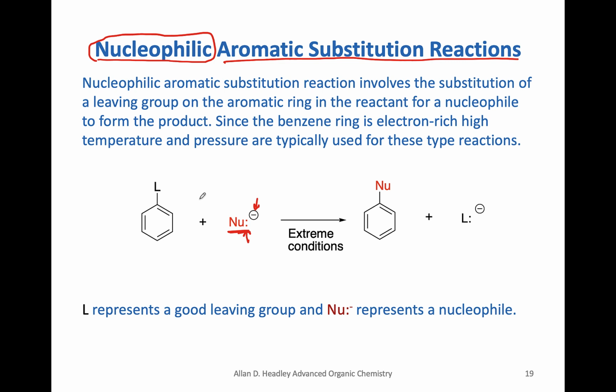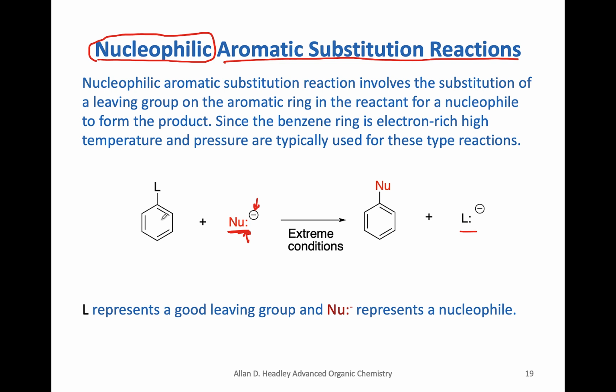The overall reaction looks like this. We have a leaving group here, such as a halogen, reacting with a nucleophile to give a substitution reaction where the leaving group leaves. As you can imagine, this is an extremely difficult reaction because we have electrons here and we have electrons here.